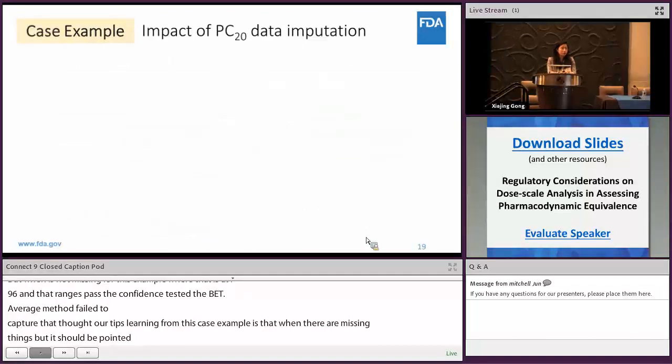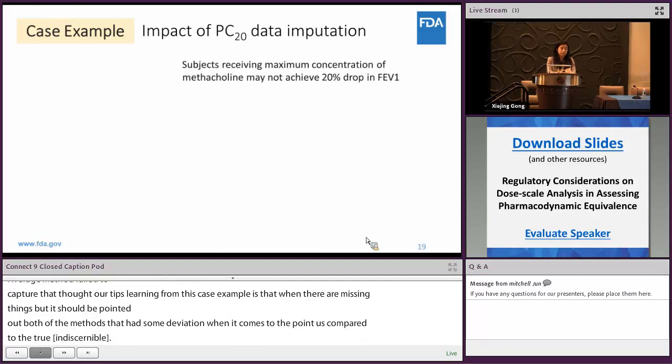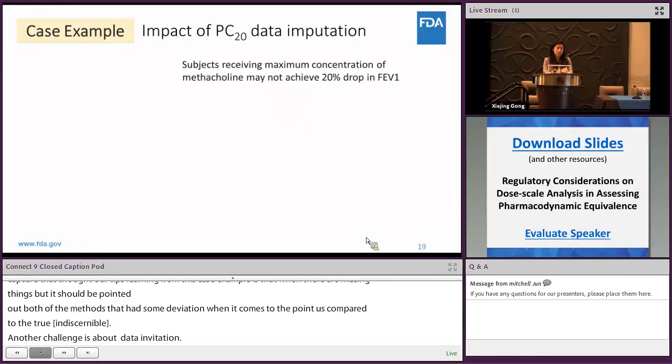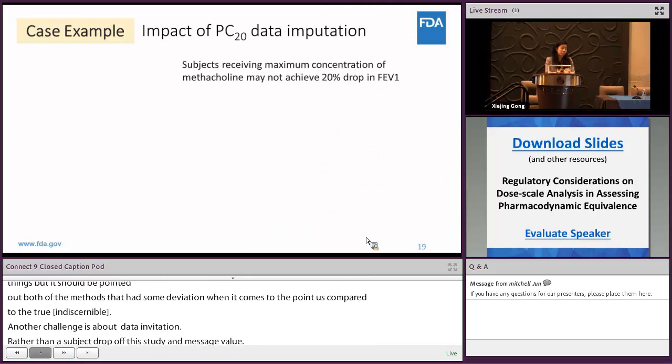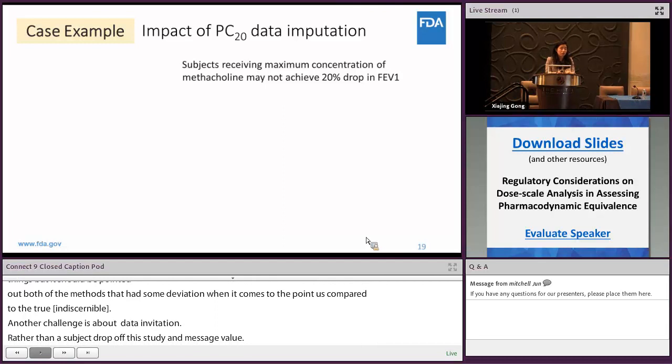Another challenge is about data imputation. In this case, rather than a subject dropping off the study and missing data, the missing data are generated because the subjects are non-responsive and are not achieving a 20% drop in FEV1 when they receive the maximum concentration of methacholine.